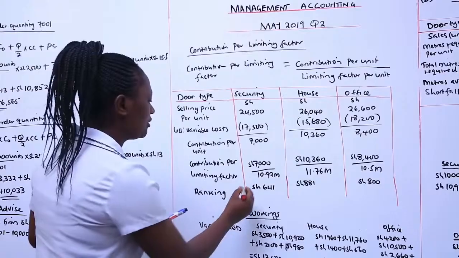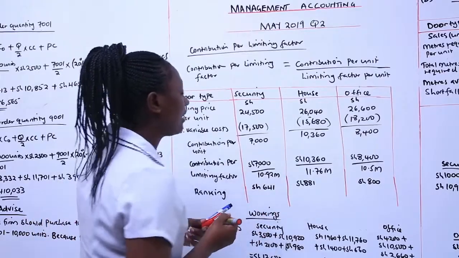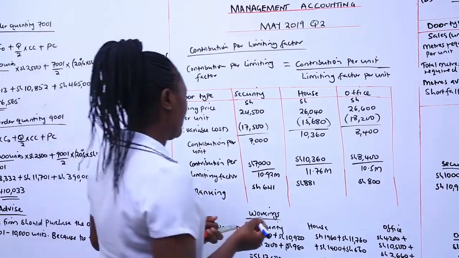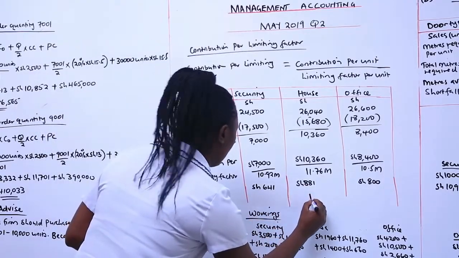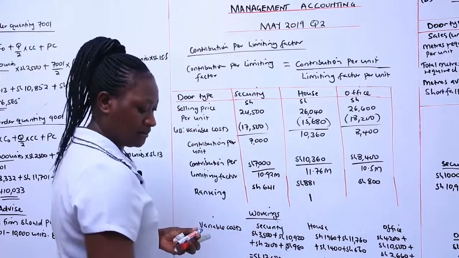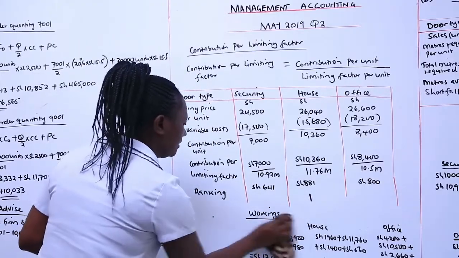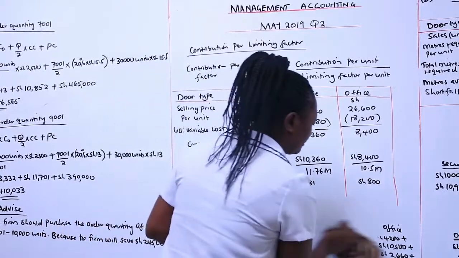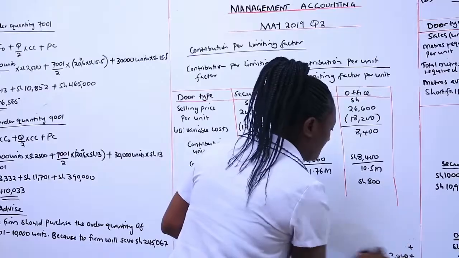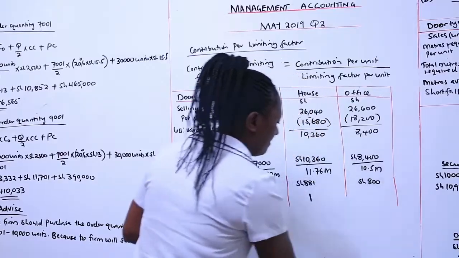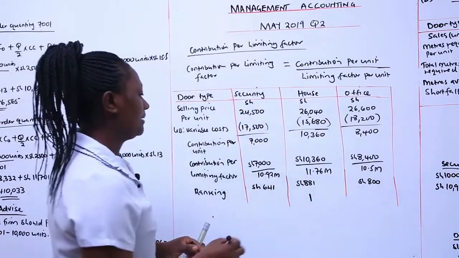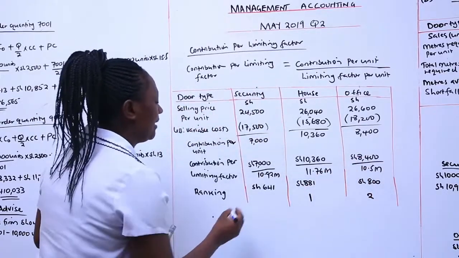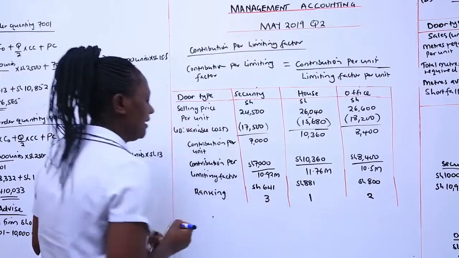So according to what we have, house has the highest contribution per limiting factor, and this will be our number 1. Can remove these workings. This will be our number 1, followed by office, which will be 2, and then security will be number 3.